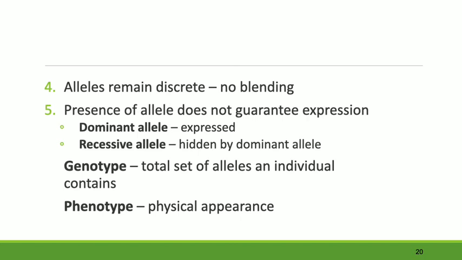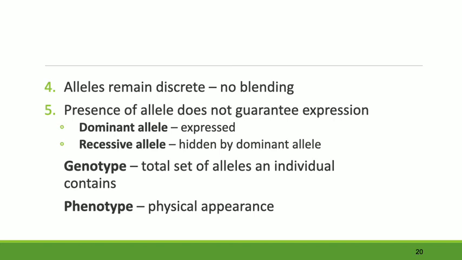And two other terms here: genotype is the actual alleles that an individual contains. So in the F1 generation, that first offspring generation, that set of plants had purple and whiteness inside, so we call that genotype. Genotype cannot be seen with the naked eye. Genotype can only be found by experimentation or some other invasive, deep scientific procedures.